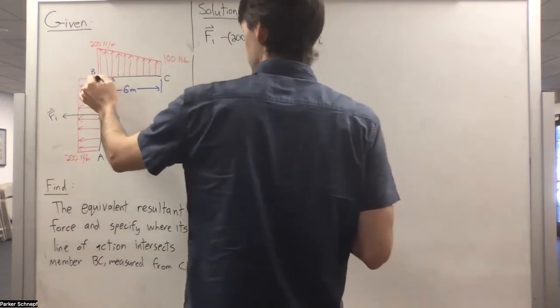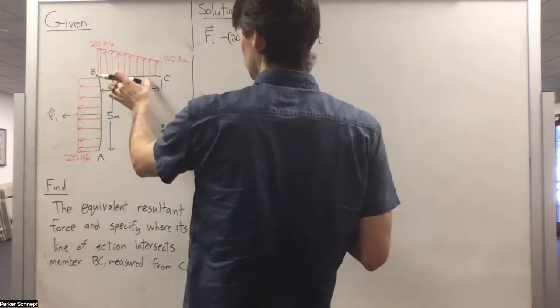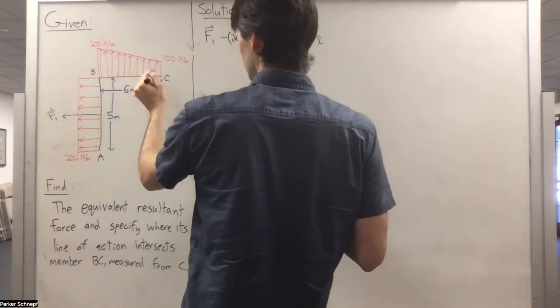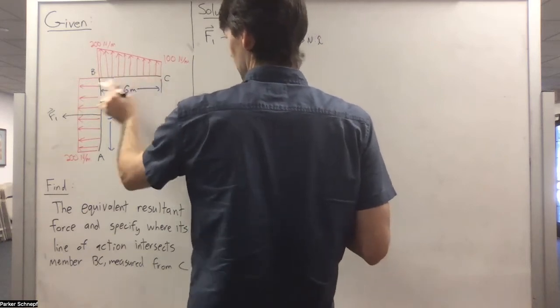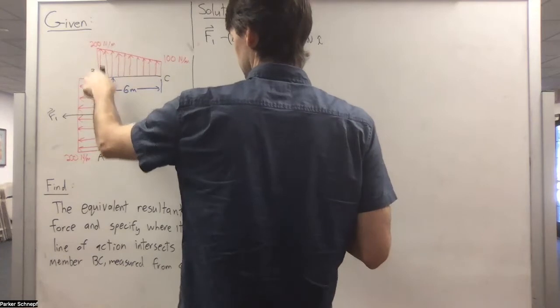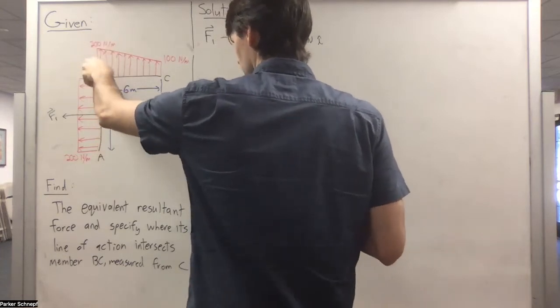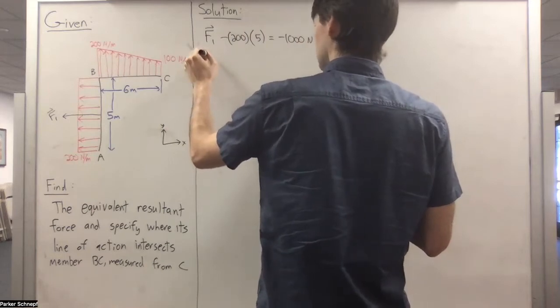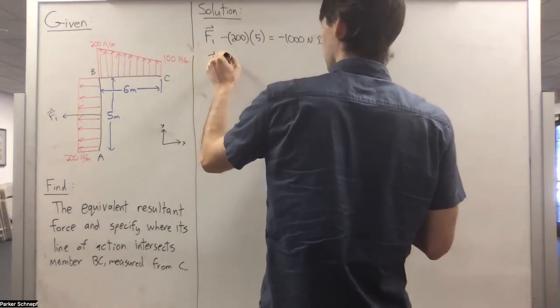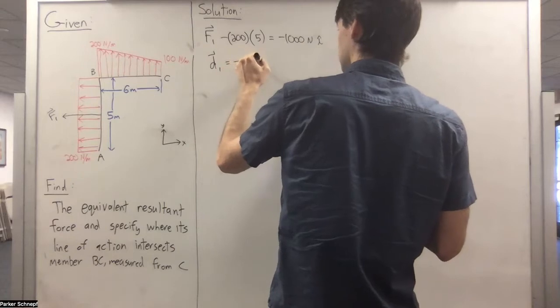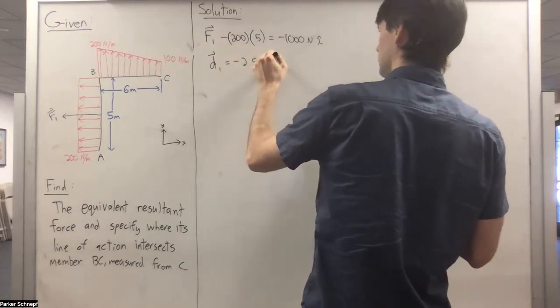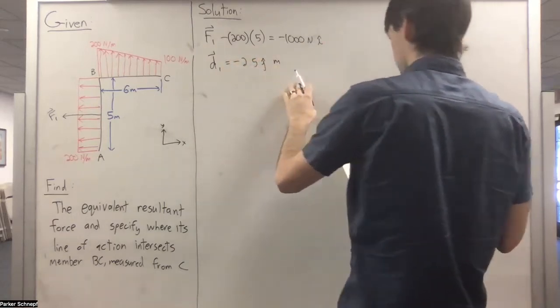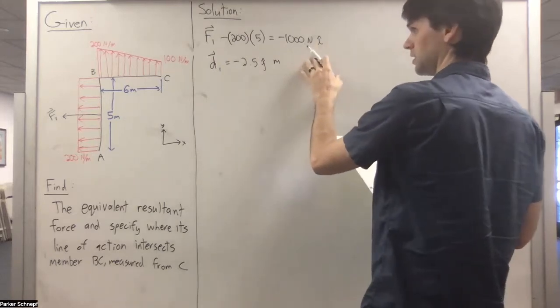So since ultimately we're going to be trying to find the distance in terms of this line, I'm going to measure it from this line. So it's going to be minus 2.5 from line BC. So the distance one can be minus 2.5 in the y direction. Okay, so we're going to keep that in the back pocket.